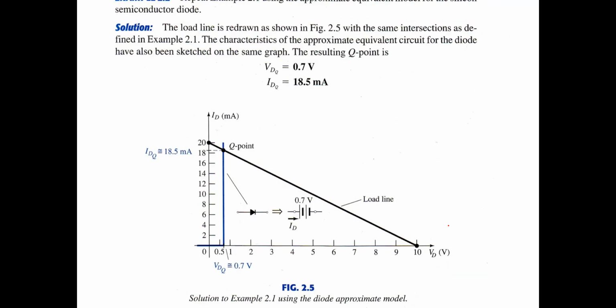Okay, and this is if we use the equivalent circuit for this diode. I mean that we don't use the characteristic of the device. We use the ideal diode, so 0.7, and then the current flows. So the key point is here. The ID key is 18.5 milliampere and Vd key is 0.7 volts.